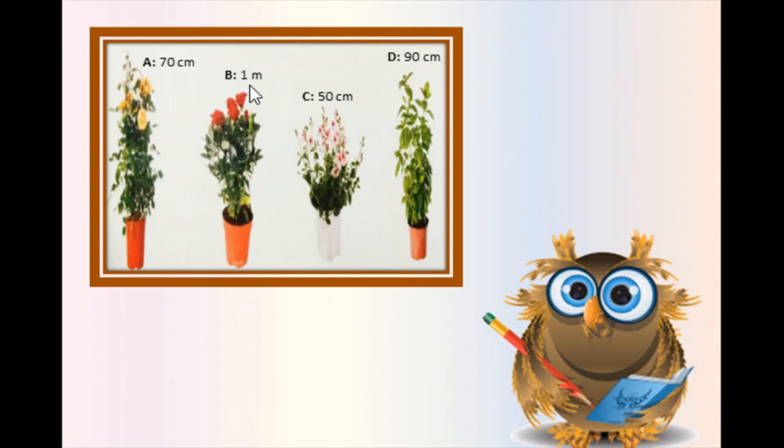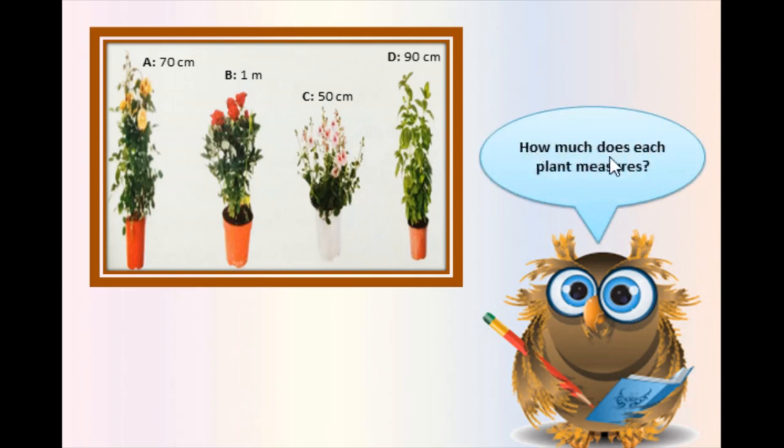B is 1 meter tall. C is 50 centimeters tall. And D is 90 centimeters tall. Question is, how much does each plant measure?